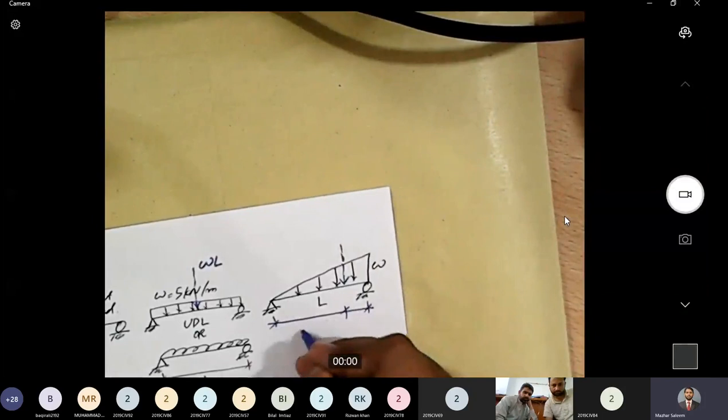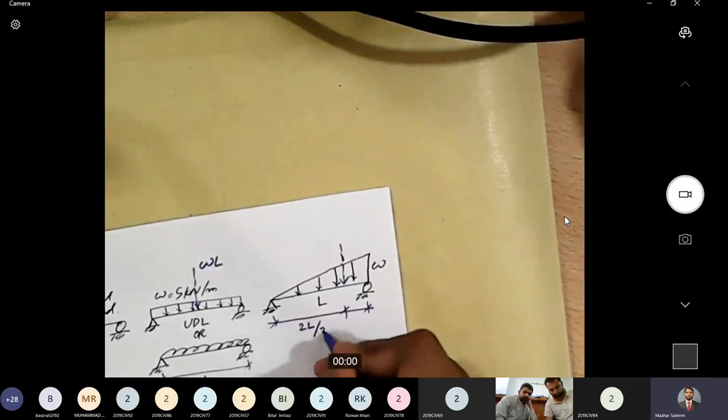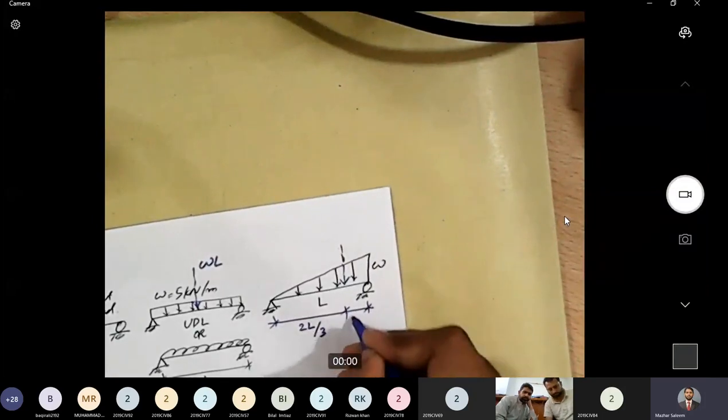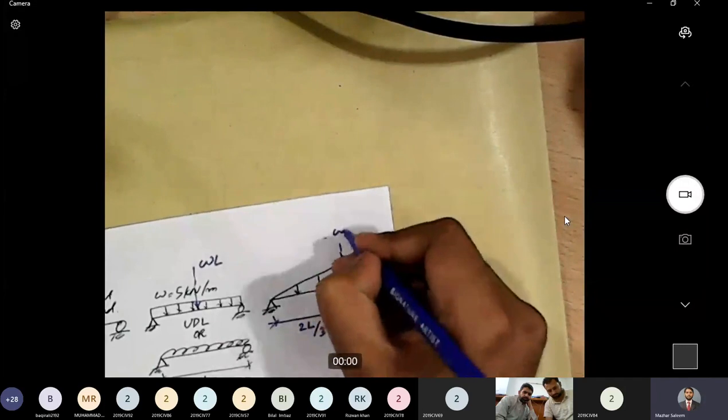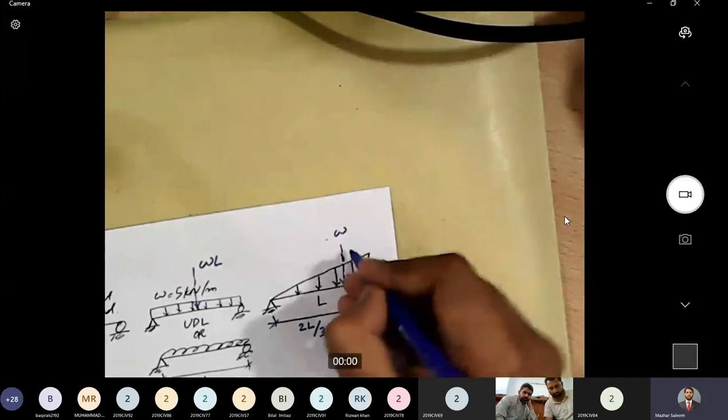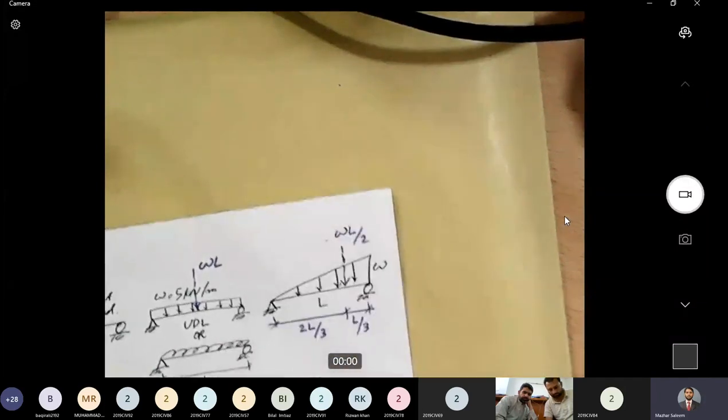If the total is L, this will be 2L by 3 and this will be L by 3, and the resultant will be equal to the area of this triangle, that is omega L by 2.